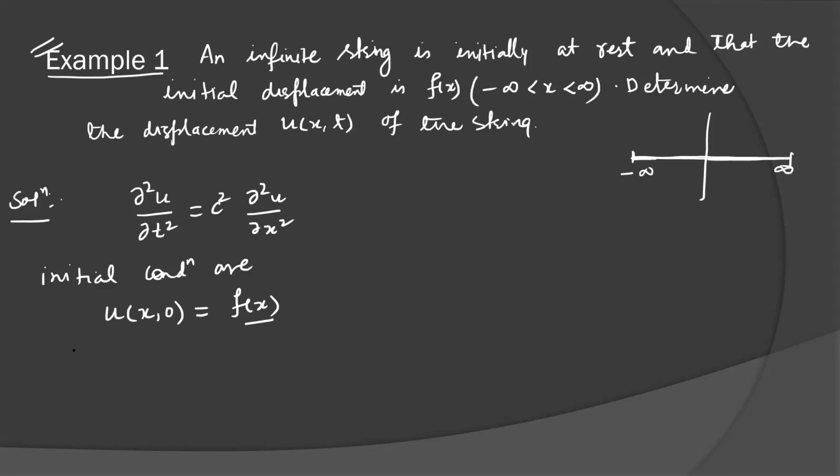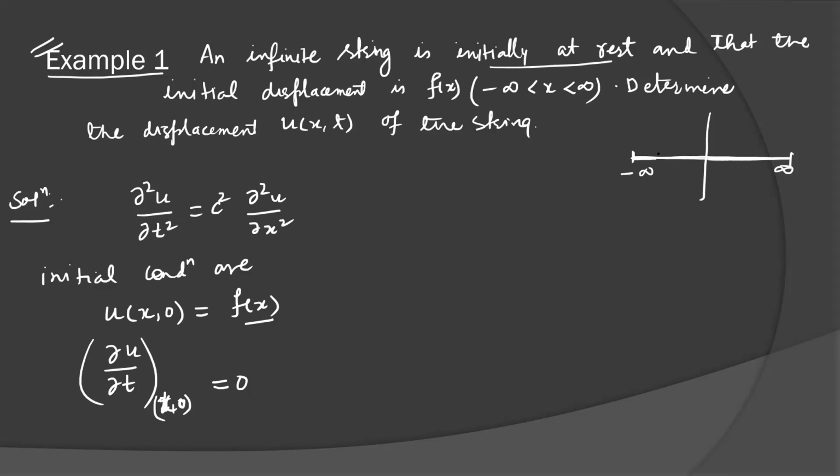And the second condition is that initially at rest means there is no velocity of the string. Del u by del t represents the propagation of the string, so there is no propagation: at t equals 0, del u by del t at (x,0) is 0. What does this mean?